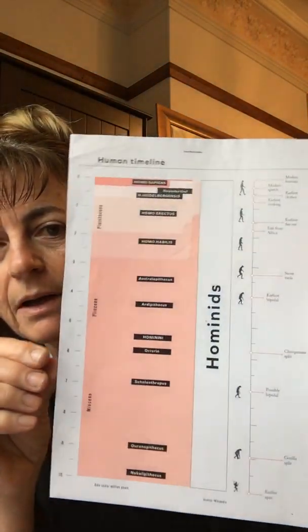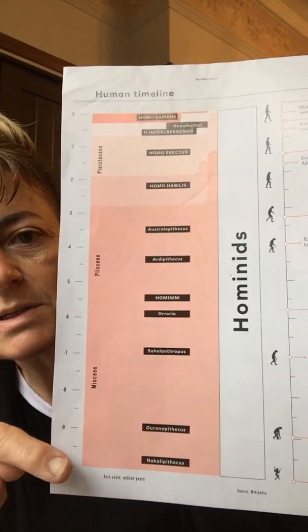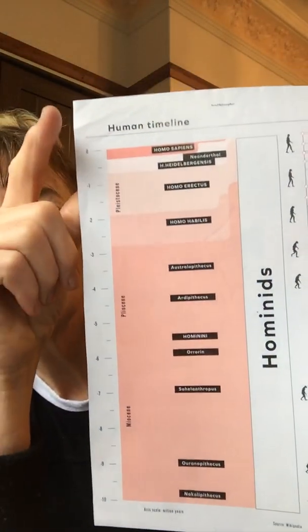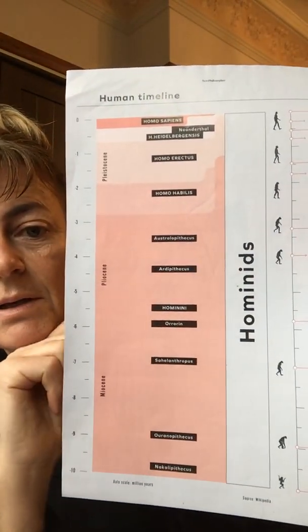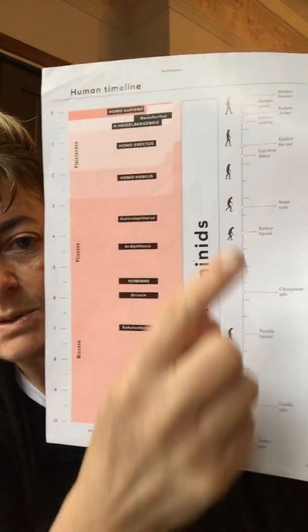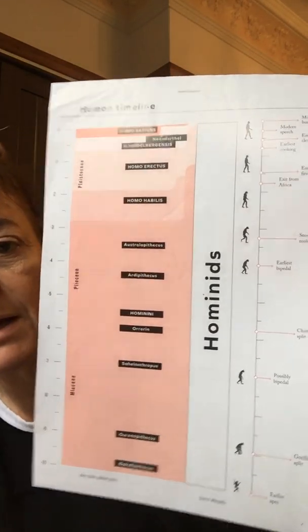Okay, so here is a fancy timeline, and I'm going to send you a copy of this. If you look on this side, it's going from 10 million years ago up to now, so that's the timeline. There are some useful little pictures on the side showing you what the species would have been like and what they could do, and then in the middle are lots of the fancy names.